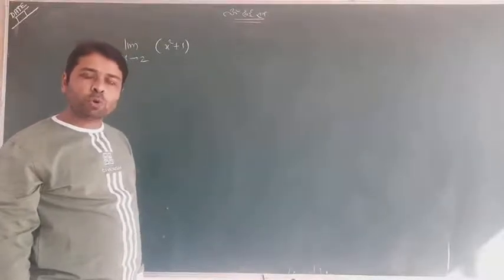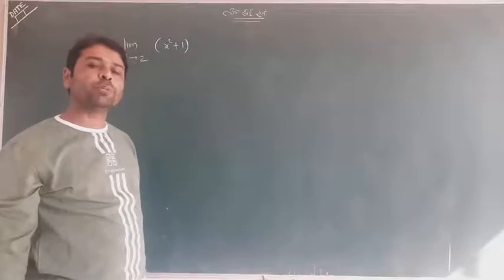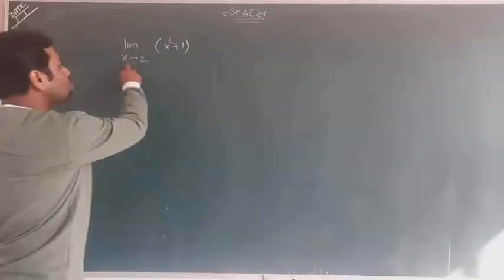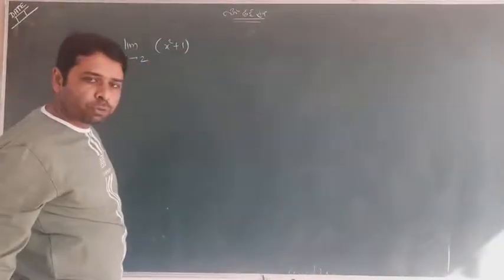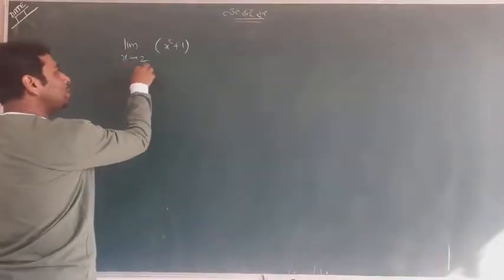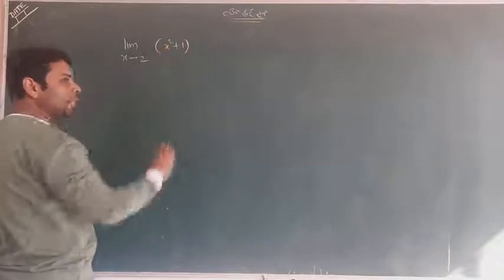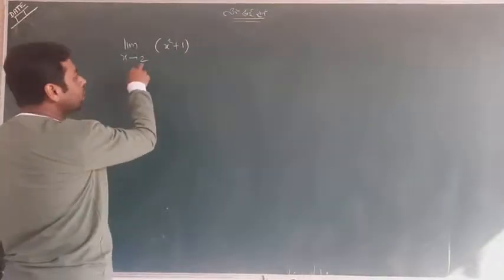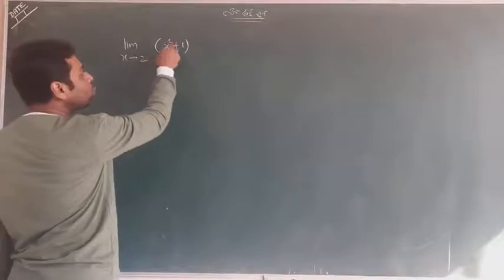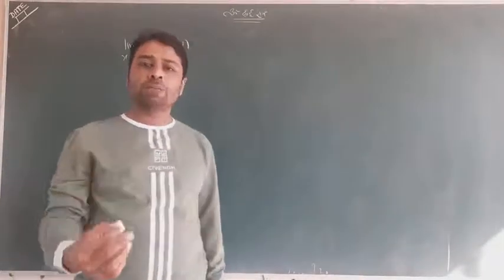But if you are told only to find the limit, you only go through direct putting of x tends to 2. Even if you use the right hand limit or left hand limit according to a single function, the answer will be the same. Like for the right hand limit, 2 plus, the answer will be 2 square plus 1, which is 5. 5 will come for the right hand limit, 5 will come for the left hand limit.